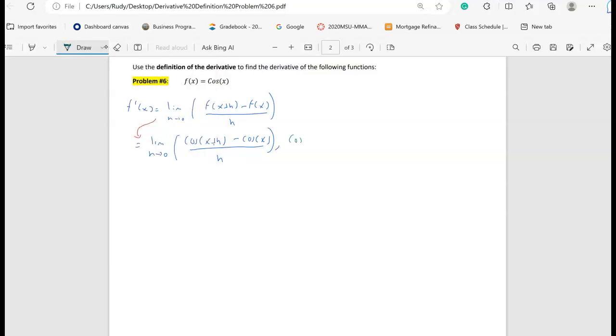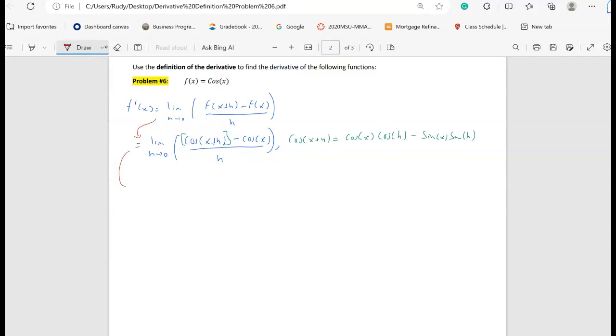We have the cosine of x plus h is equal to cosine of x and cosine of h minus the sine of x and sine of h. So that's going to be the substitution for this value.